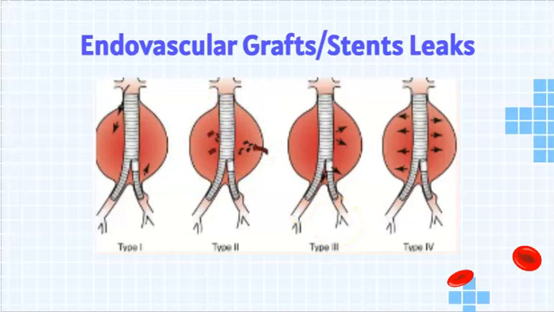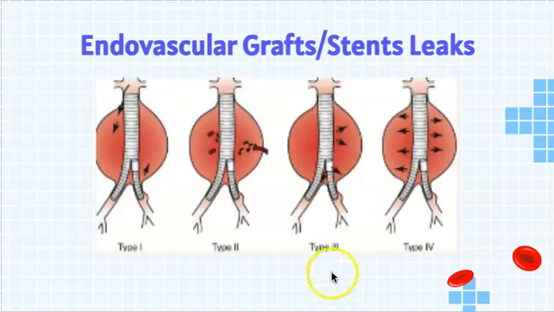Type 3 is when there's flow into the aneurysm secondary to an inadequate seal between the components of the device or a tear in the fabric of the graft. So here could be a tear in the graft, and so blood is shooting out that way.